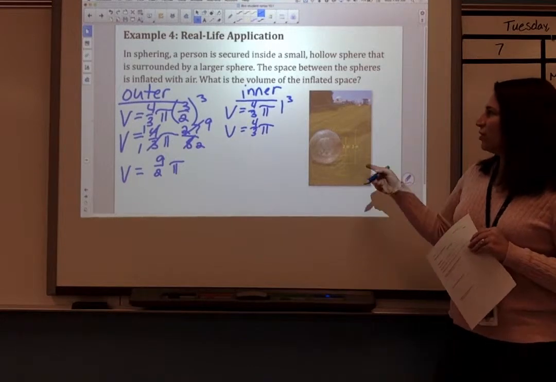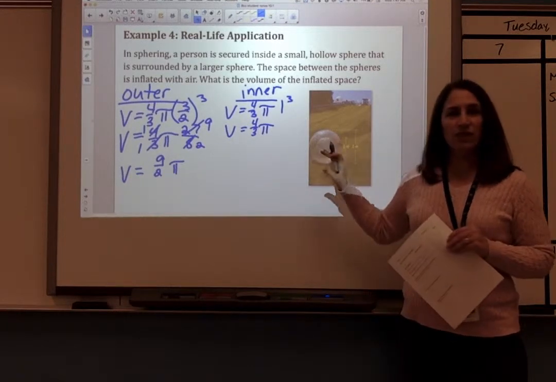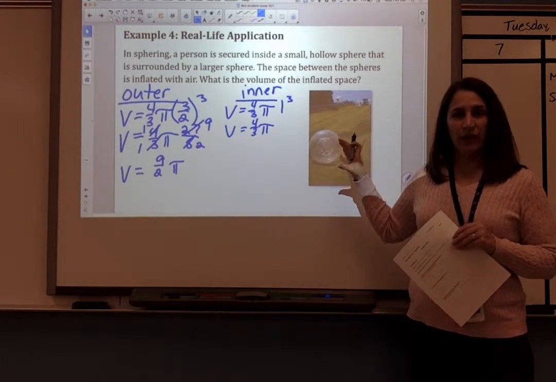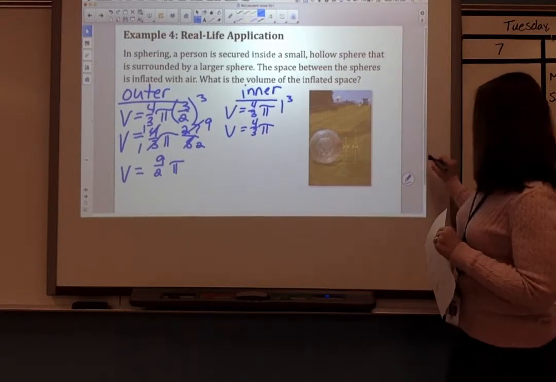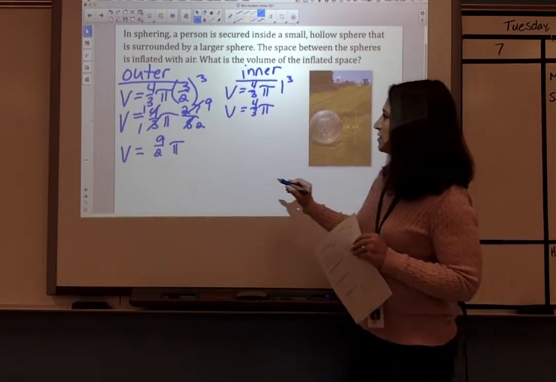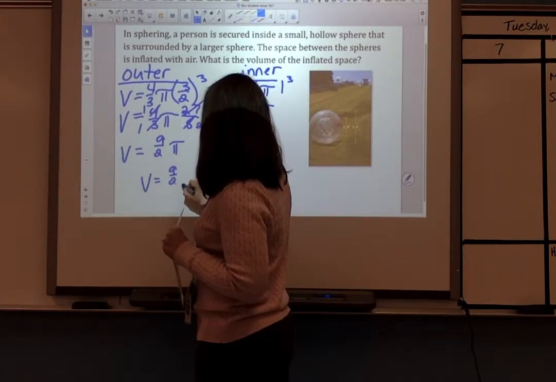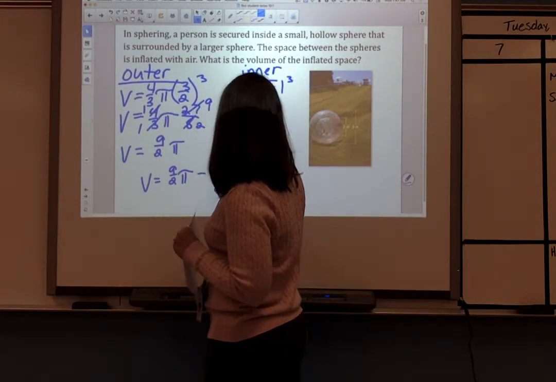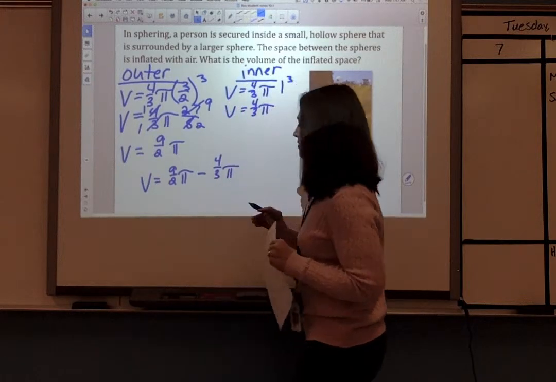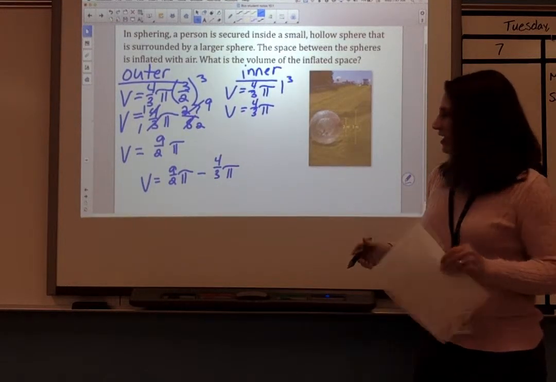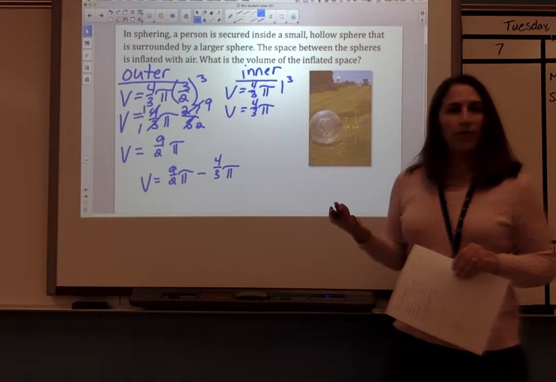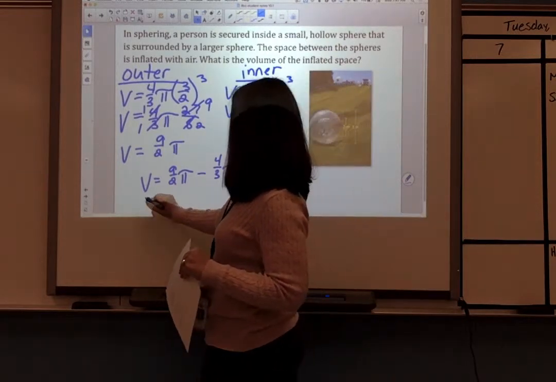Now, if we want the volume of the inflated space, we need to do the volume of the outer sphere minus the volume of the inner sphere. So that's going to be 9/2 pi minus 4/3 pi. And let's change these into fractions with a common denominator of 6.